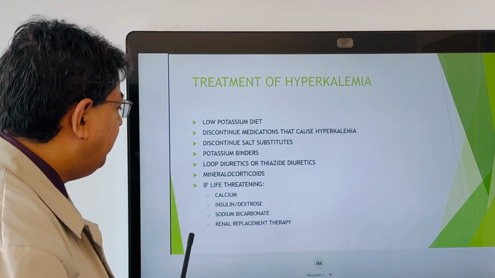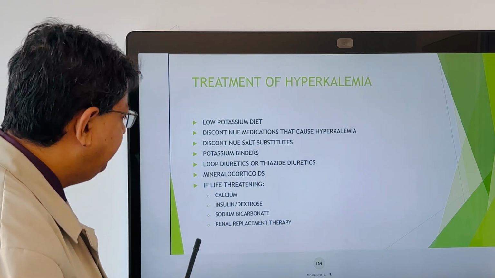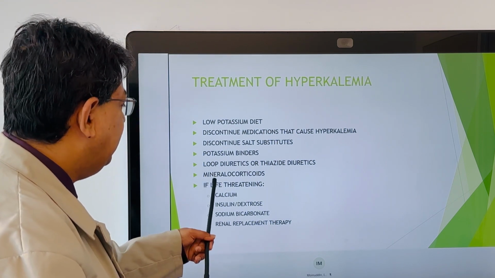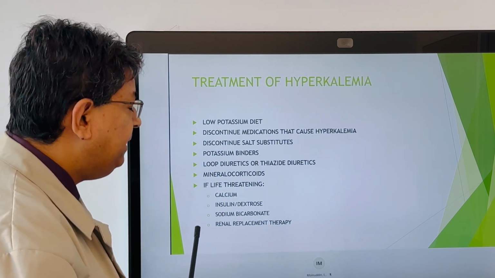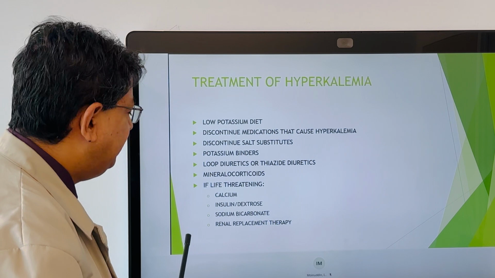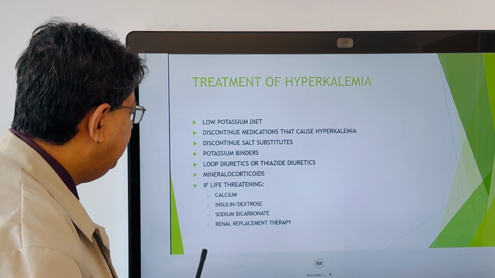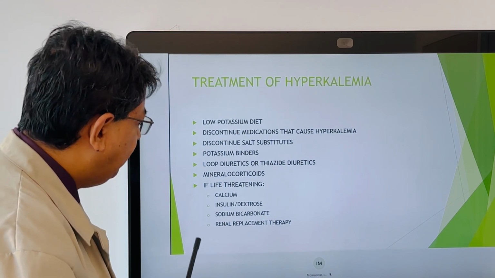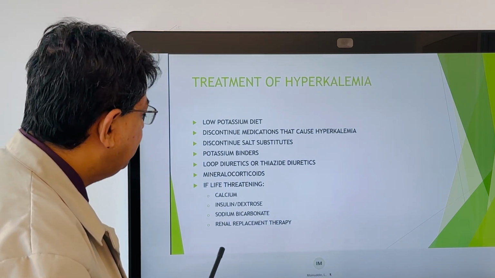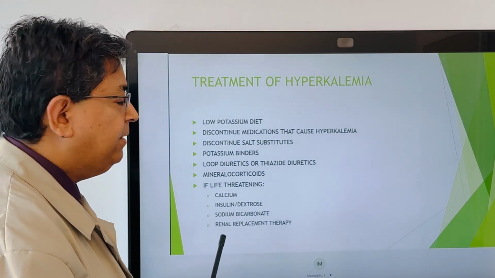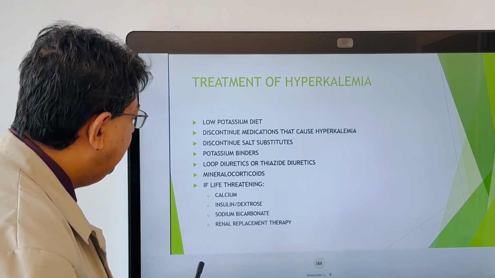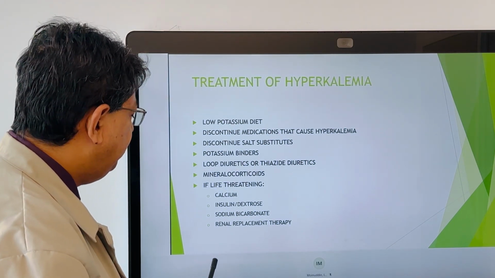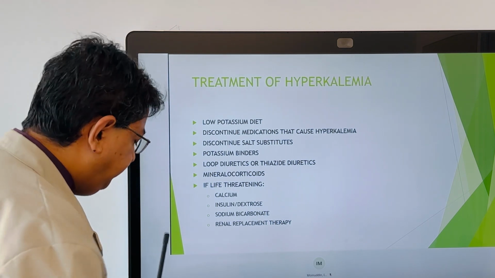If hyperkalemia is life-threatening, then use calcium, typically calcium gluconate, to prevent triggering of arrhythmias. Use insulin and dextrose to cause compartment shifts. Use sodium bicarbonate if serum bicarb is less than 22, and if necessary, renal replacement therapy.